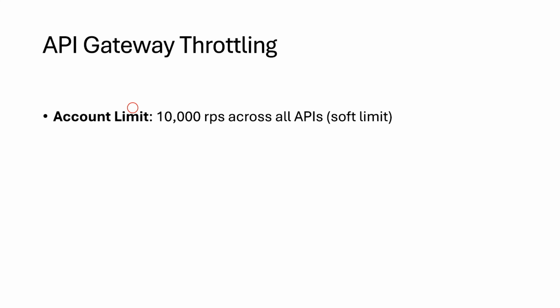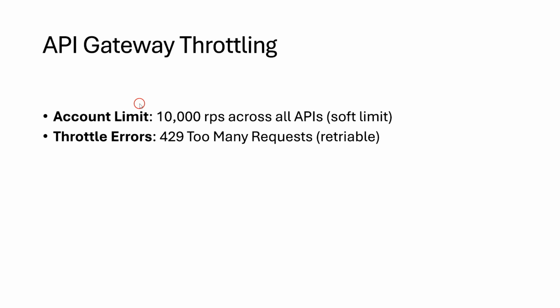And suppose throttling occurs, then we will receive a 429 error, that is too many requests, which is a retriable error. That means if you reach the throttling limit, the account limit, we will get 429.